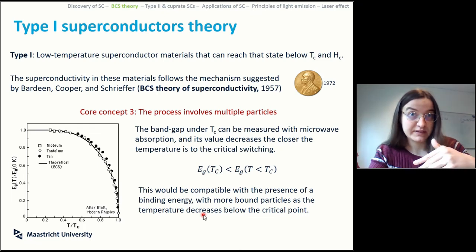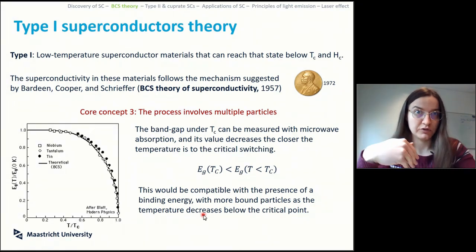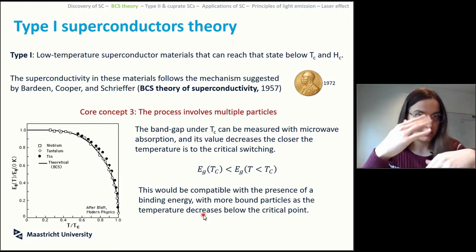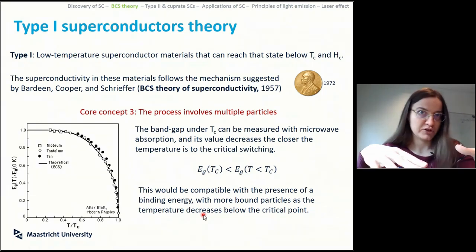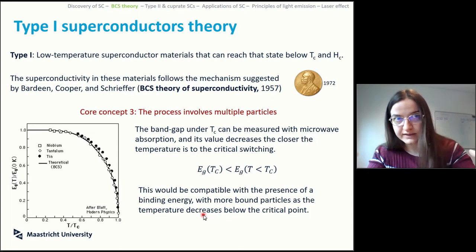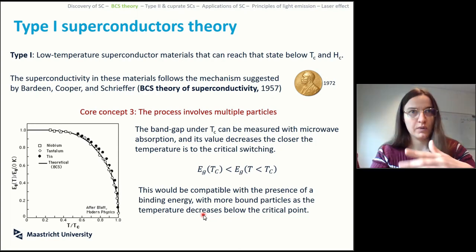So instead, if the transition were to be first order, it would be from 0 to 100 in a second. You just snap and make this a complete perfect transition. This doesn't happen, so it must be a gradual interaction that increases as you go below the critical temperature.